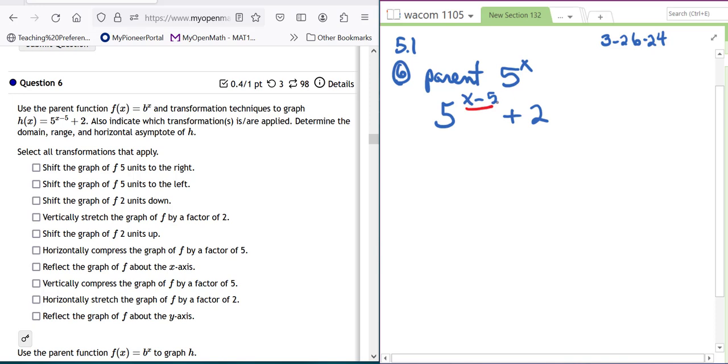It has a horizontal shift. Remember, it's the opposite direction when it's horizontal, so this is going to be a shift to the right five places. We also have a vertical shift up 2 spaces.